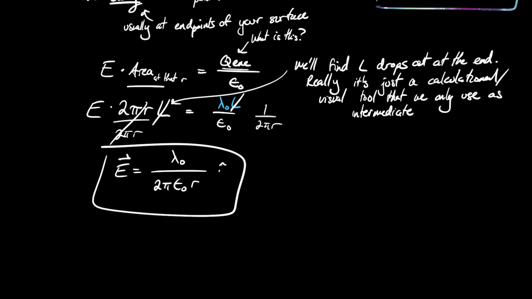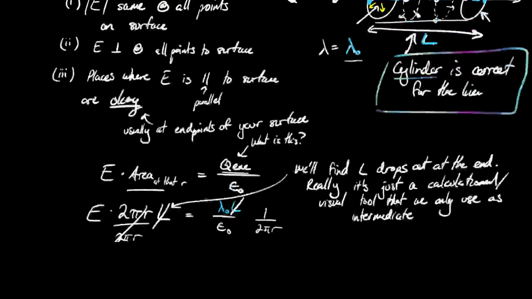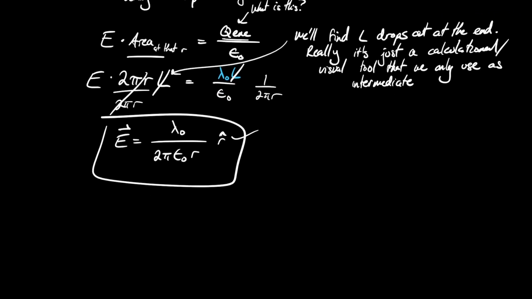Other people use r hat, and I think I'm going to stick with r hat, even though it has a different meaning in cylindrical systems versus spherical systems. But I think this is the preferred notation, but just be on watch for that. Great. All right, that's the second example done.